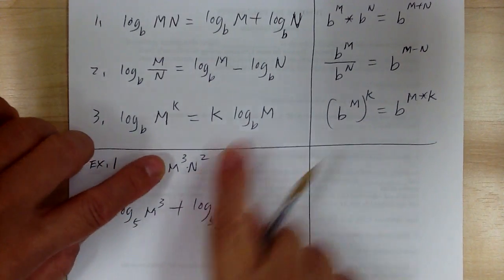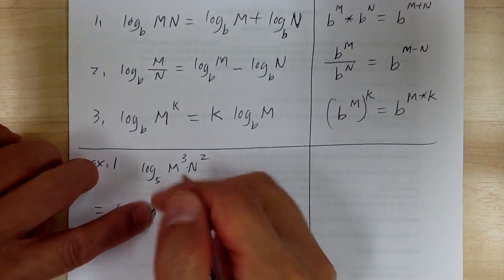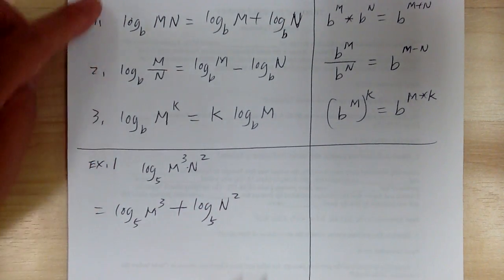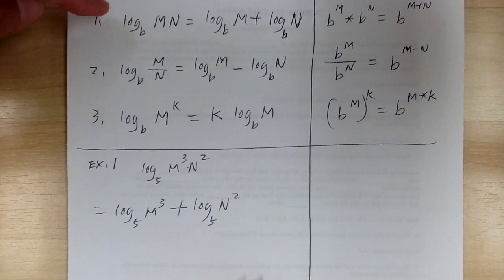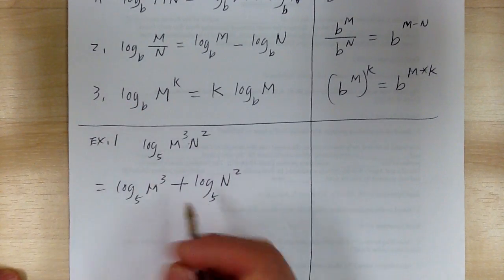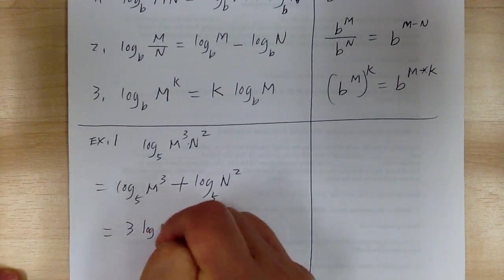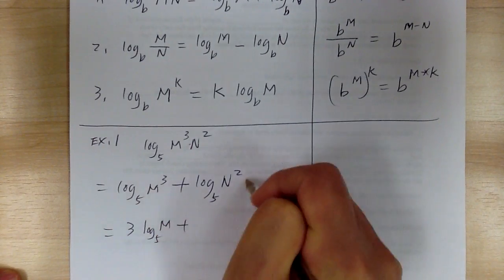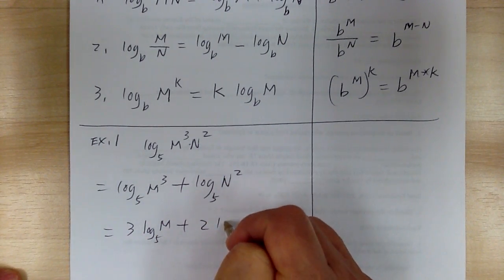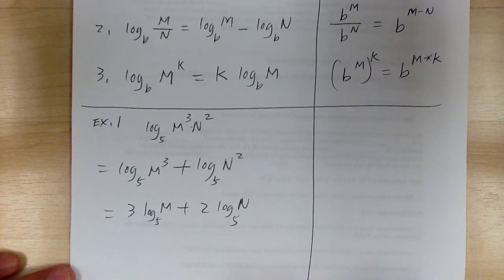So separate the two, again, using the first law. When you have multiplication, it becomes the addition of the logs. Then after that, you go in order. Go to the checklist, 1, 2, 3. So then you use the third law. The 3 comes to the front, and the 2 comes to the front, and that's it for example 1.